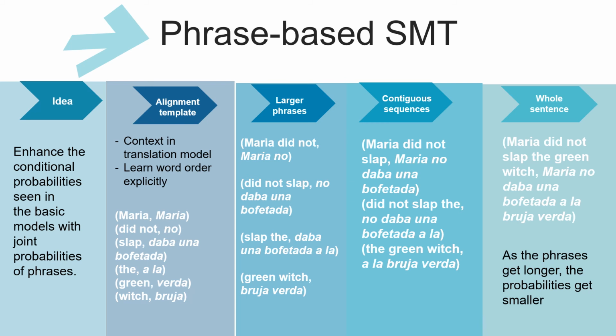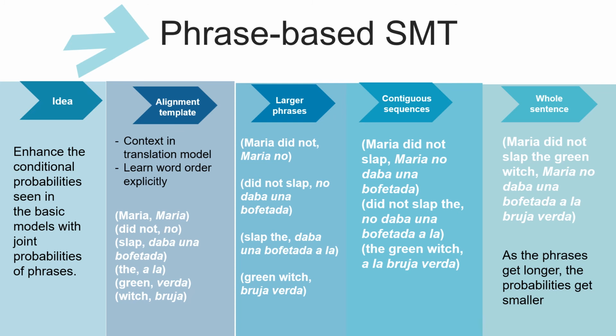A variety of models have been applied in phrase-based statistical machine translation, like the alignment template approach, which takes the context of words into account in the translation model, and local changes in word order from source to target language are learned explicitly. First, the word alignments are calculated in the usual way.